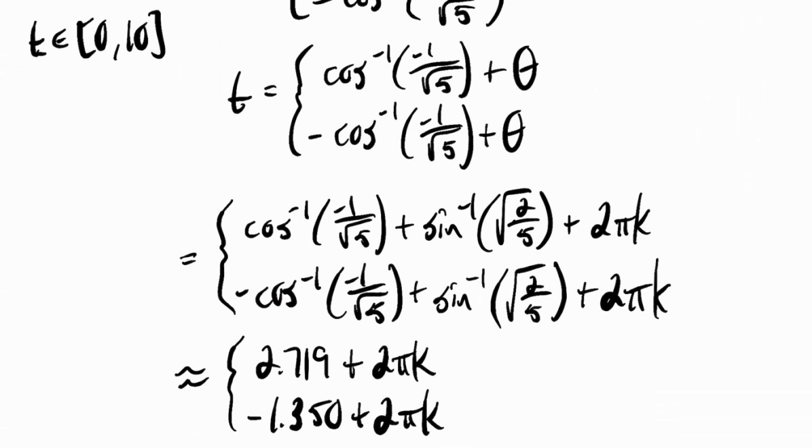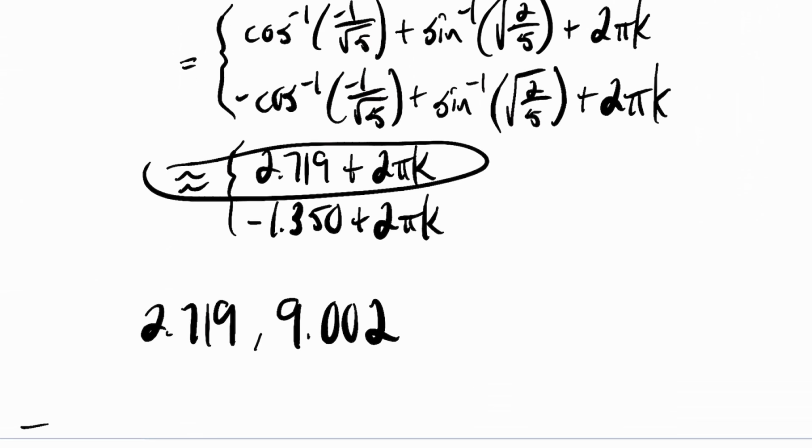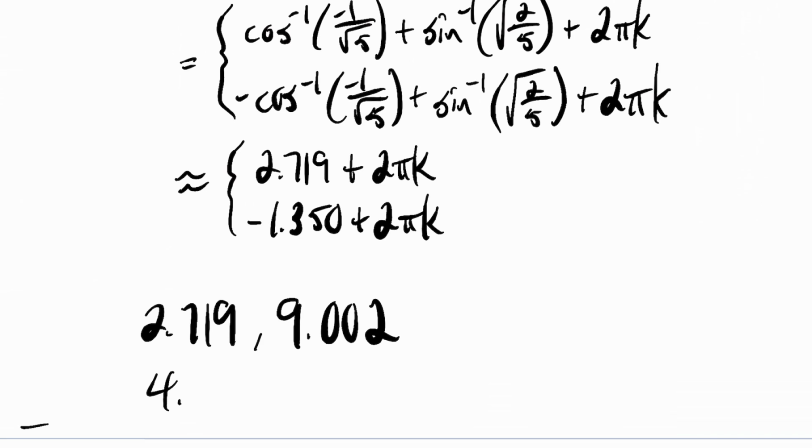So here's what we have. I'm adding 2 pi as needed. Well, I guess I can drop that for now. So 2.719, that's one of our solutions. If I add 2 pi to that, I'm going to get 9.002, almost exactly 9. Okay, that's for the top category, I suppose. Now, the bottom one, if I negate that, I'm going to get 4.933.